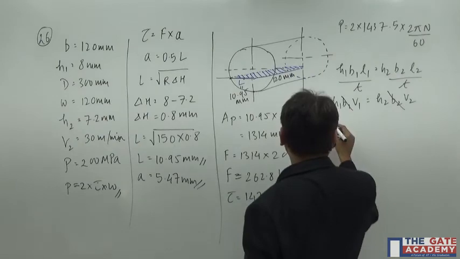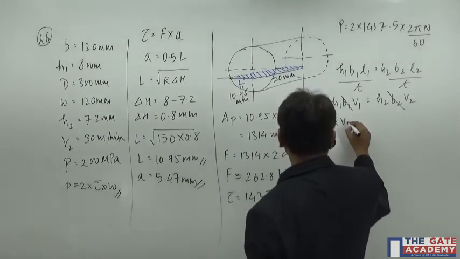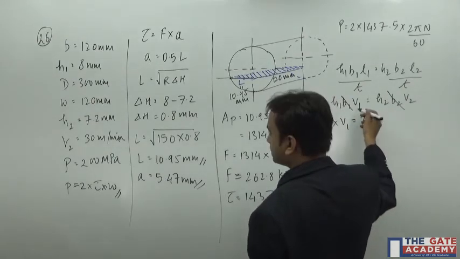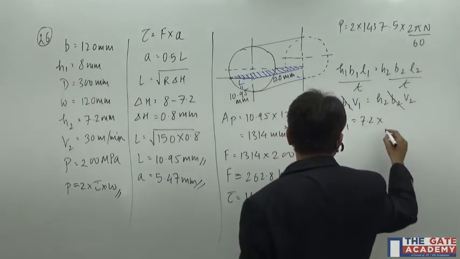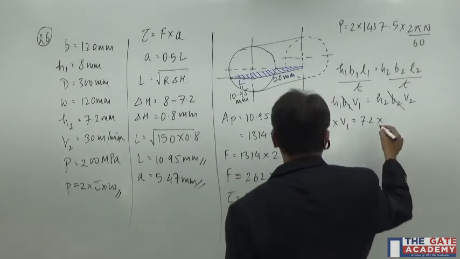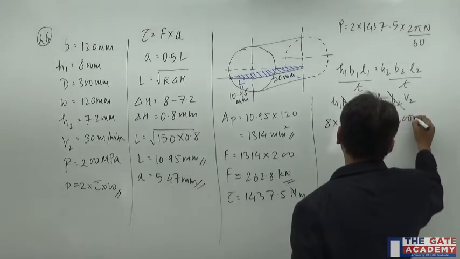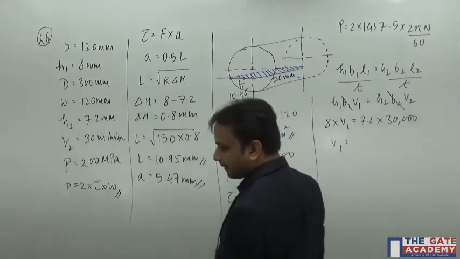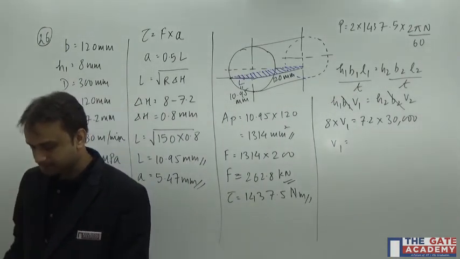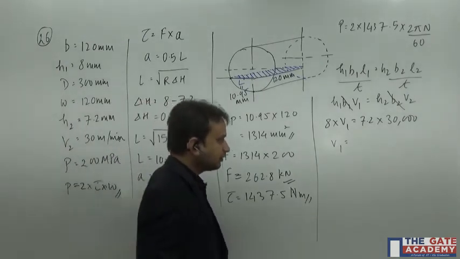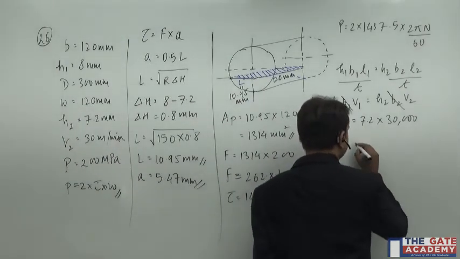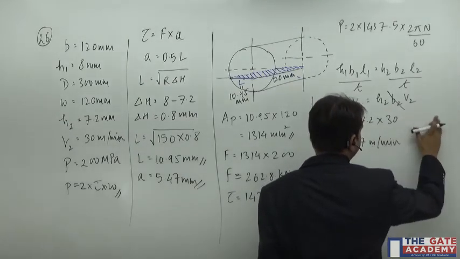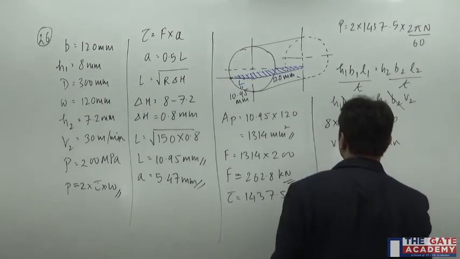Now H1 is 8 mm and V1 is not given to us, and H2 is 7.2 mm and V2 is given to you as 30 meter per minute, or you can call it 30,000 mm per minute. So from here you will get V1 as 27 meter per minute. You will get meter per minute itself.